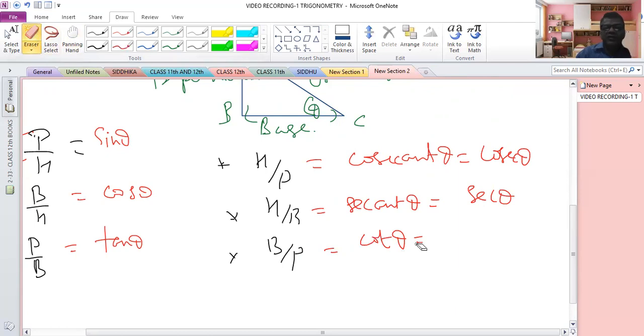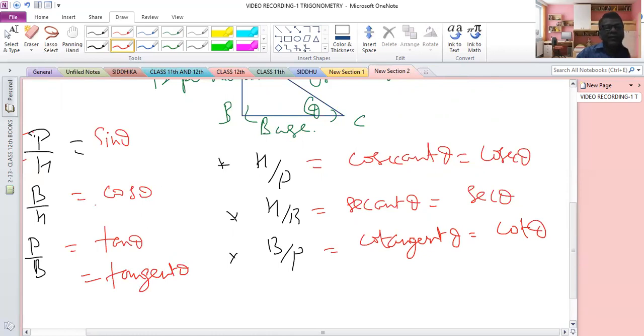Okay, let me write its complete name. The complete name is cotangent theta, and in short we write it cot theta. Similarly, the complete name of tan theta is tangent theta. Okay.